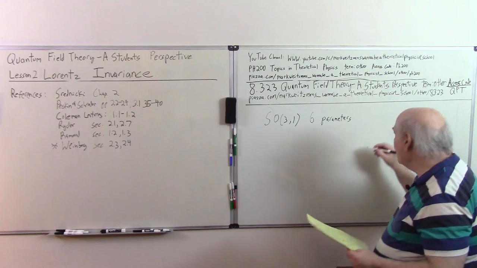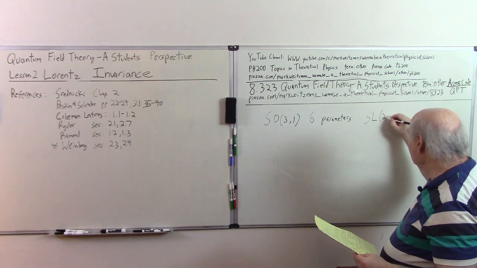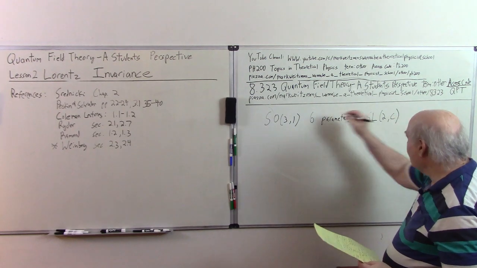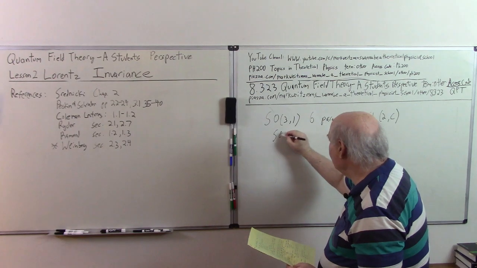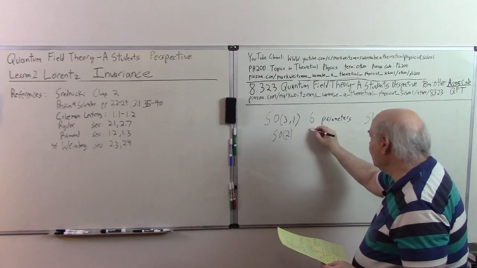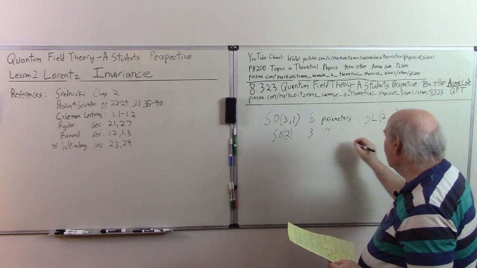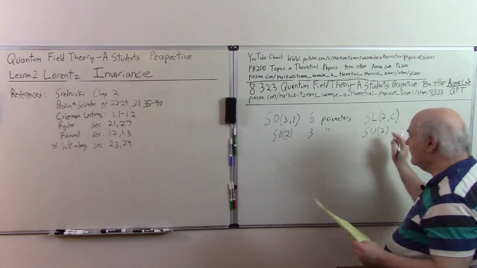And it's actually homomorphic to another group called SL(2,C), which is the covering group. This is the same relationship as SO(3), the rotation group in 3 dimensions, which has 3 parameters, is homomorphic to SU(2). So there's a lot going on here.